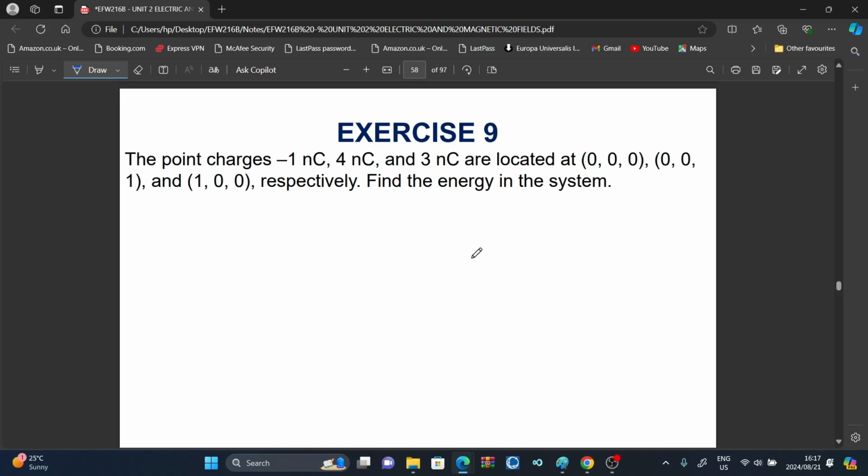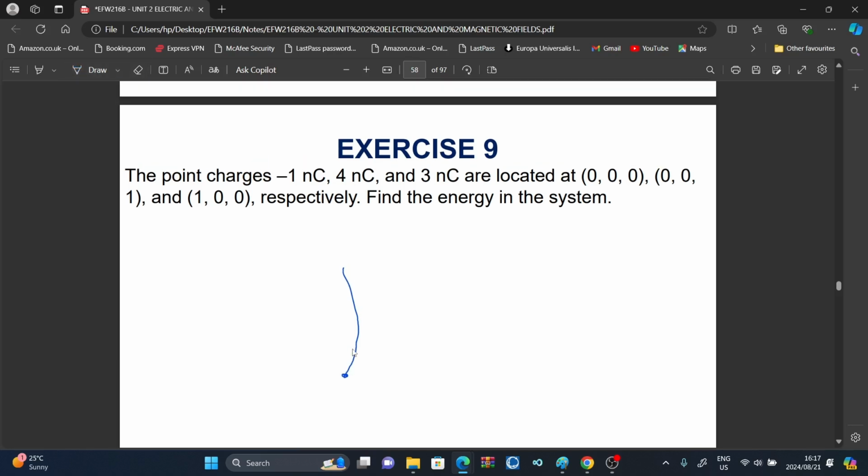So let's say one is at the origin. One will be at the origin here. So this is our origin, and this one will be here, which is -1 nanocoulomb. Then the other one will be 4 nanocoulomb, 0, 0.